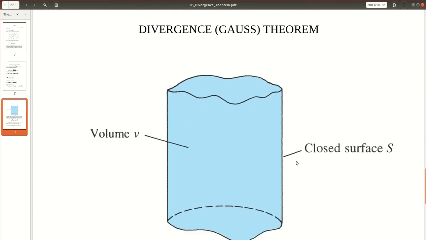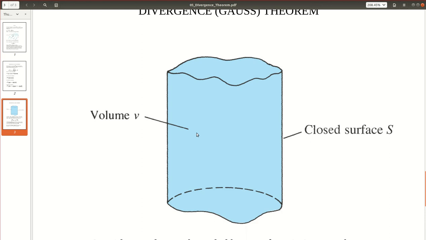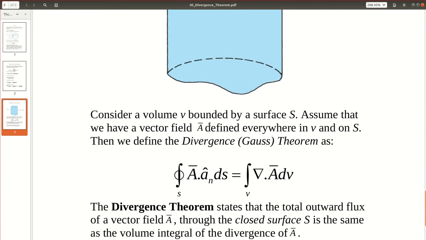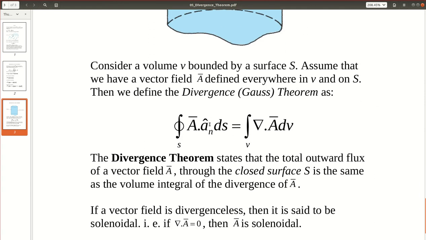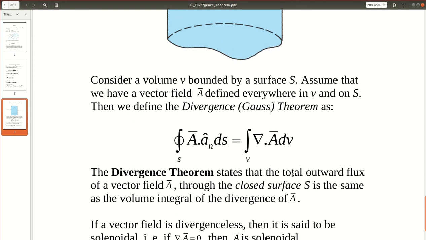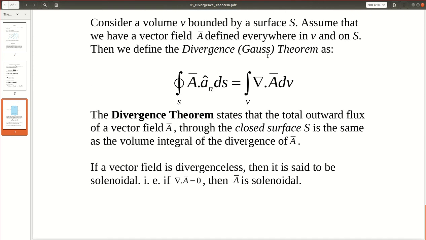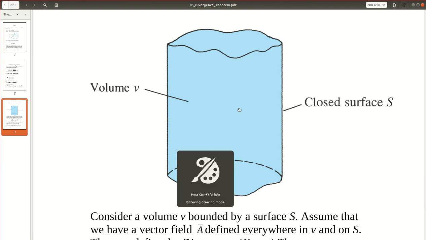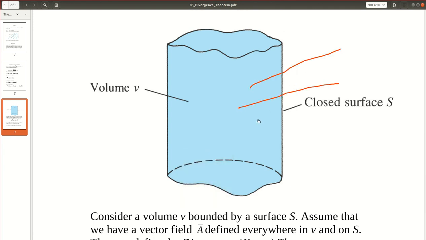Now the divergence theorem, Gauss's theorem: if we have a volume, and there is a closed surface around it from outside, Gauss said that the total outward flux of a vector field A through the closed surface S, so the flux goes out from this surface.